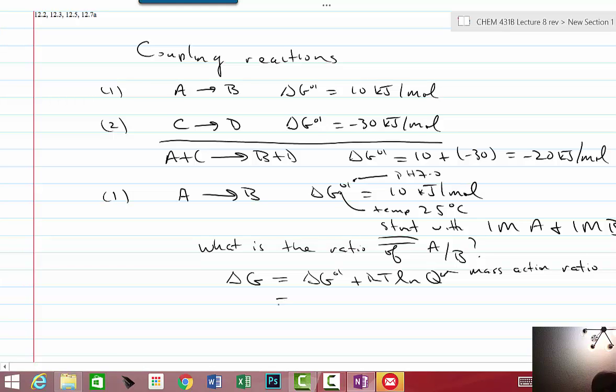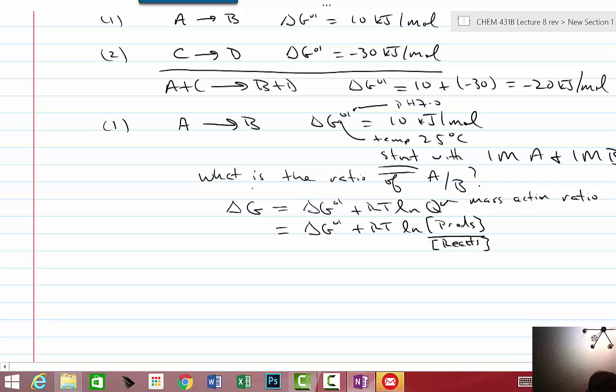So I'll go ahead and rewrite this as delta G equals delta G under standard conditions plus RT natural log of the concentration of the products divided by the concentration of the reactants.